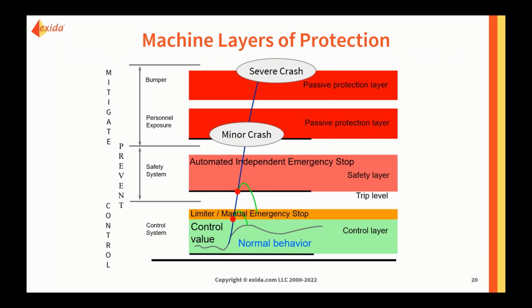Now, in a machine application, we might expect to have a fundamental control element or not, depending on exactly what we're looking at. There may be a mechanical limiter or a manual emergency stop capability that sits directly on top of that item under control. Or it may be directly controlled by the safety system with an automated independent emergency stop.